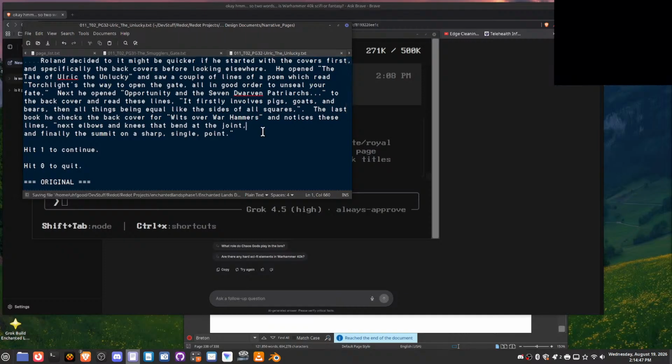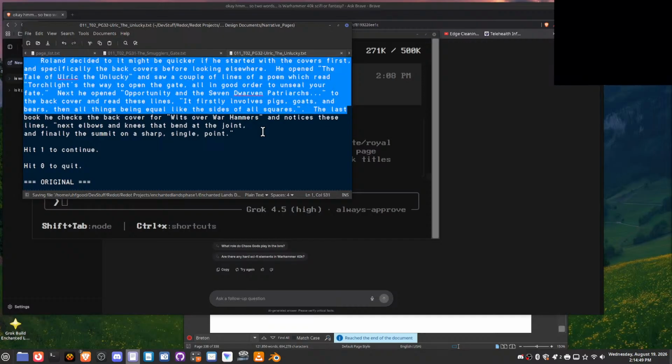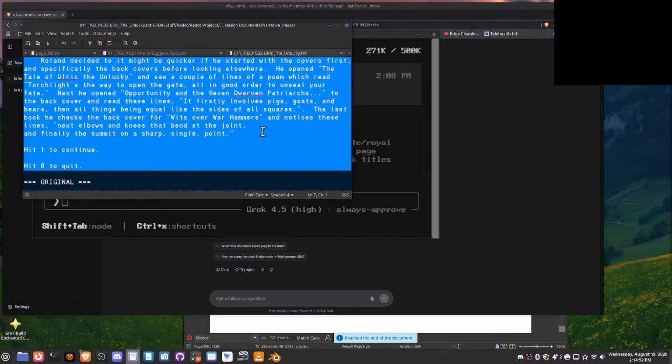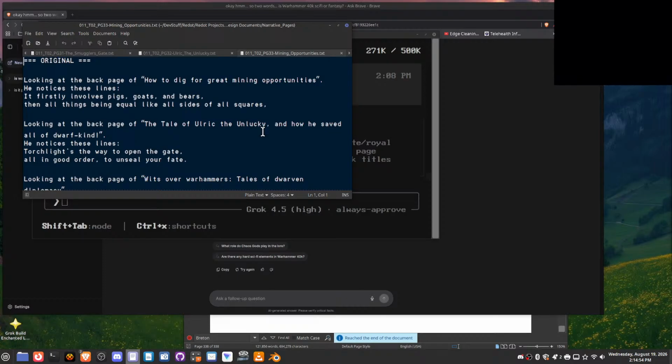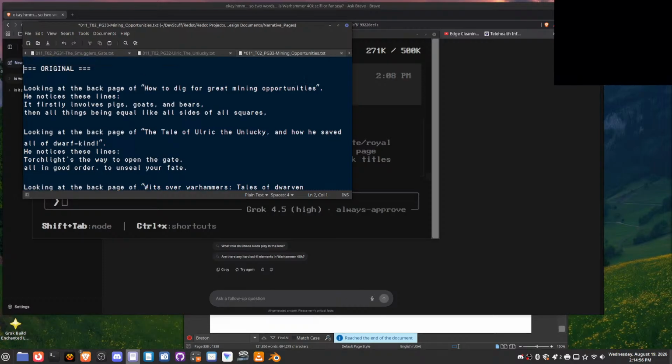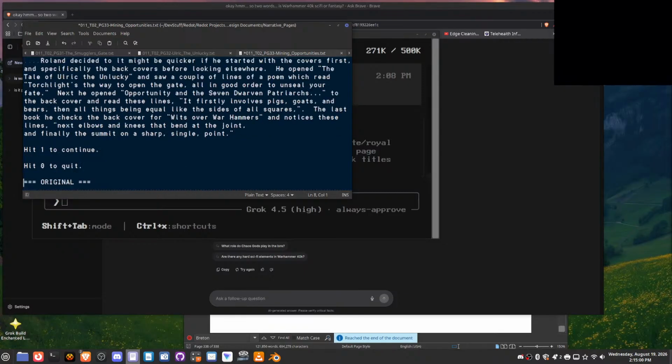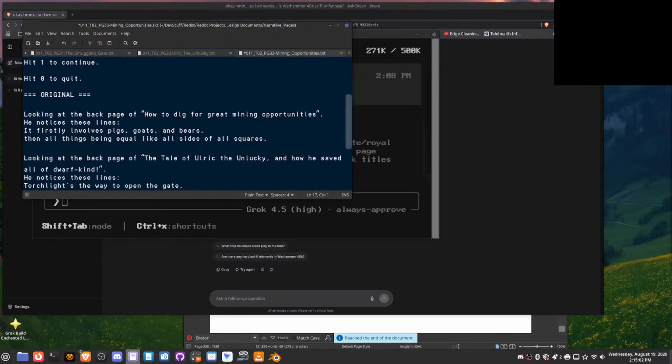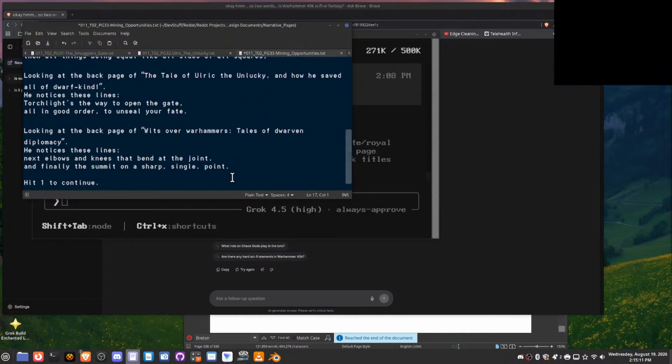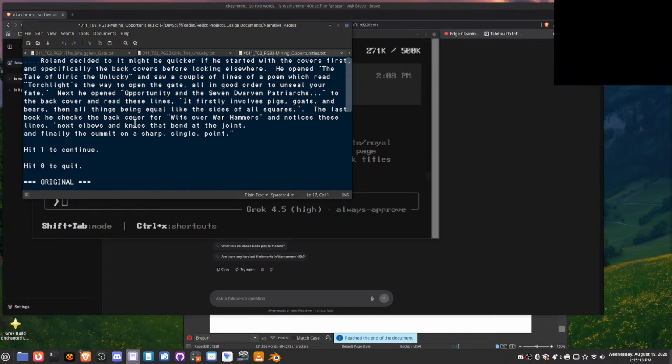Okay. Let's go ahead and copy this. Now, we're going to go with mining opportunities first. Okay. So mining opportunities, Ulrich, then What's Over Warhammers.